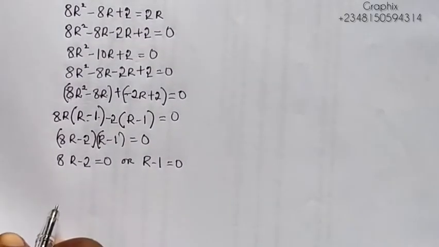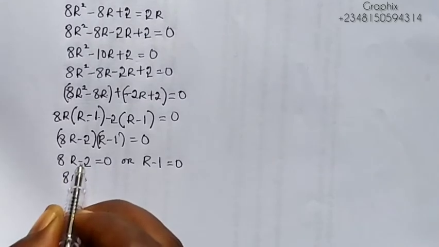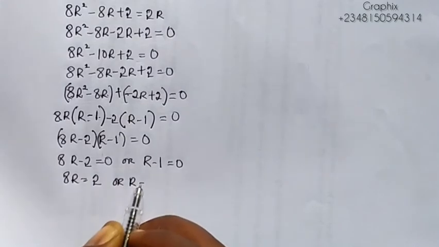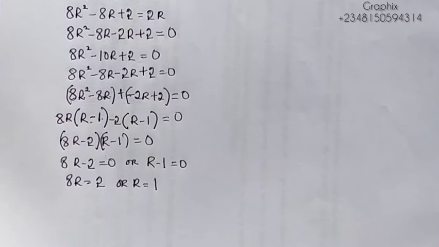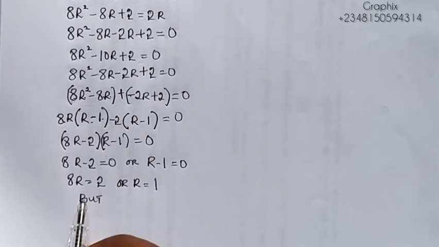So from here, we'll now say that 8r will give me what? When the minus 2 comes over, you'll be having just 2, or r equals to what? 1. But before the but here, we'll move forward.